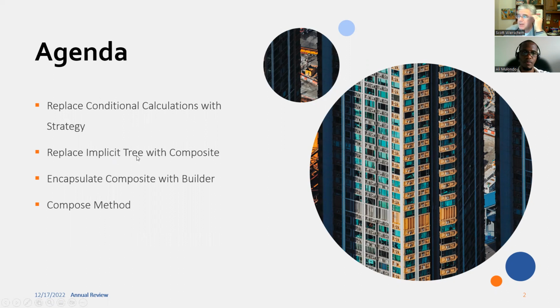Replace your implicit tree with a composite. This is mostly when you're working with XML. Do you work with XML much? Not really, I consume TXT and Excel files in batch jobs, not XML.